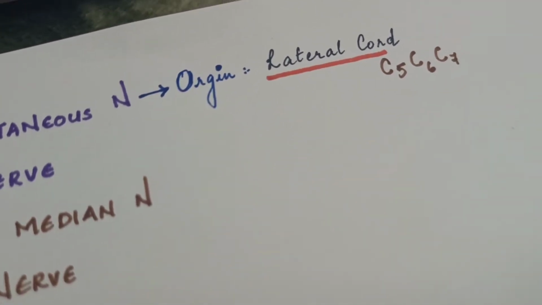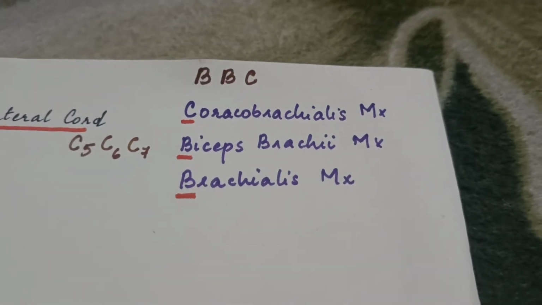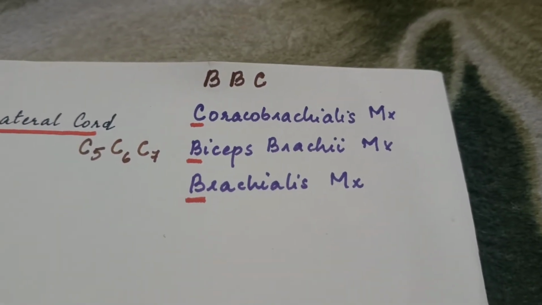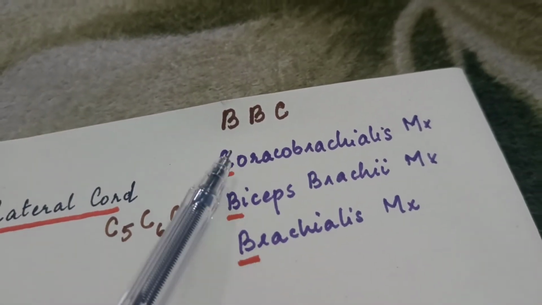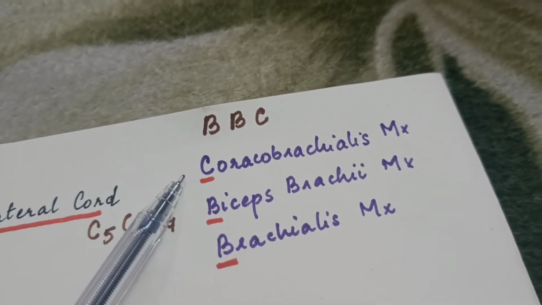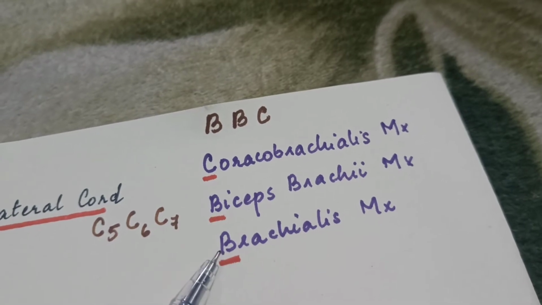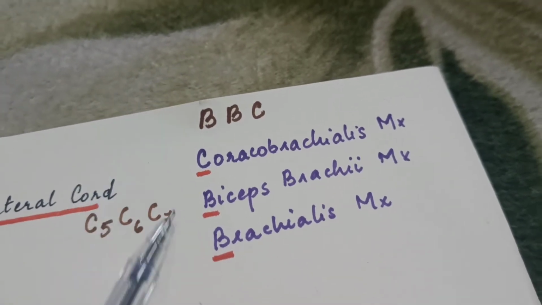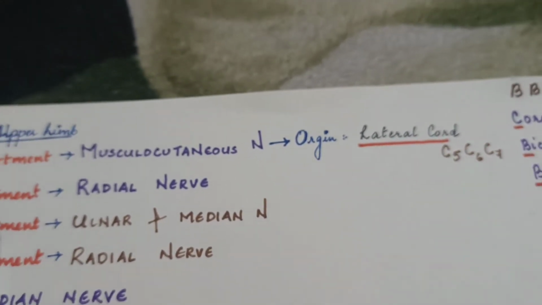So we have to understand the names of the muscles. These are the three muscles supplied by the musculocutaneous nerve. Just remember BBC. I write C first: coracobrachialis muscle, biceps brachii muscle and brachialis muscle. These three are supplied by the musculocutaneous nerve.